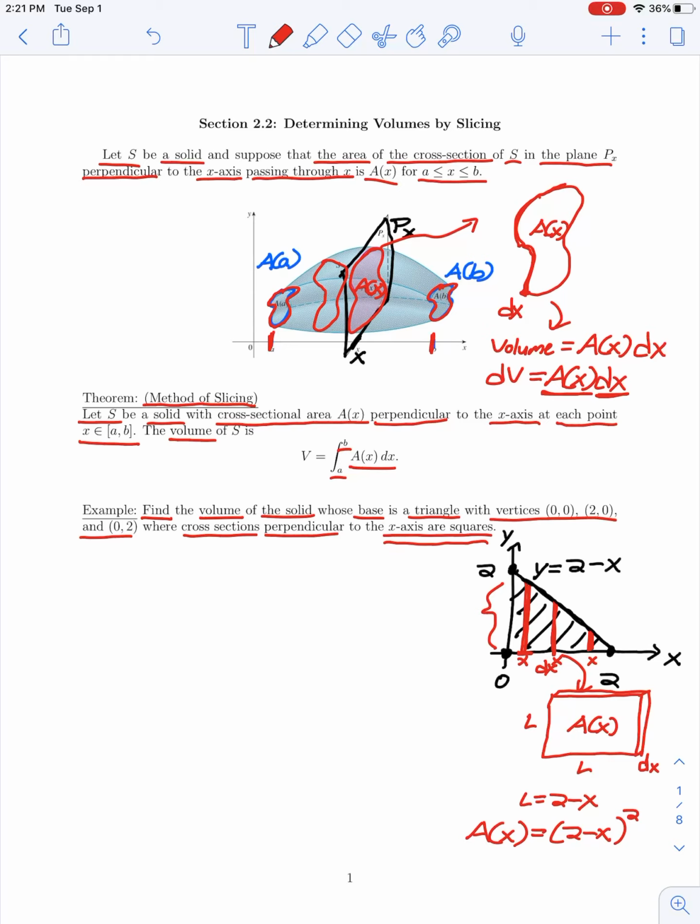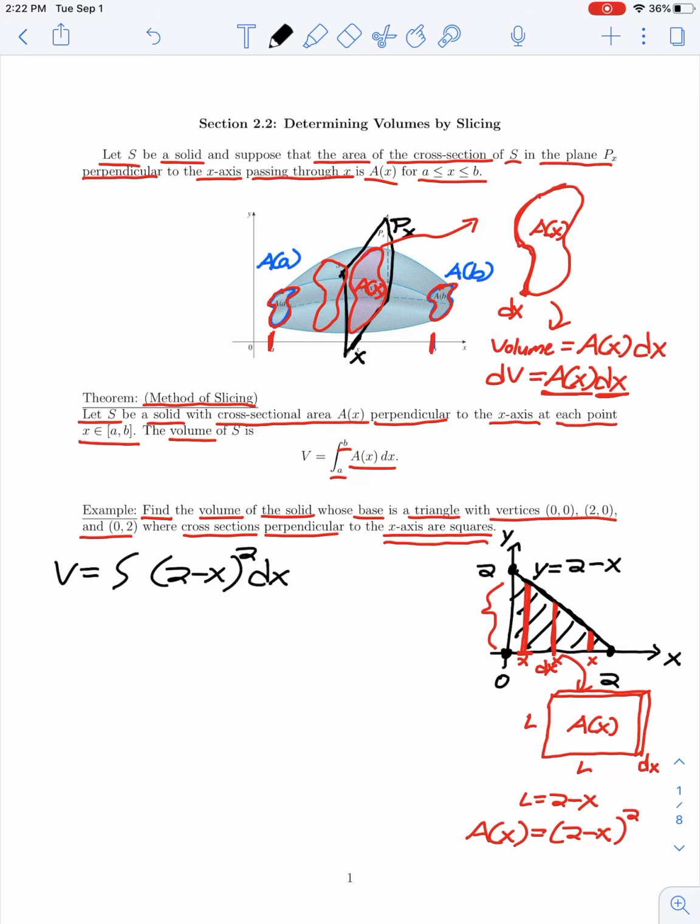So now that I have the area of a cross-section taken at a particular x value, I can use this method of slicing to find the volume of that solid. The volume is found by integrating my function for area, (2 minus x) squared, with respect to x over the x interval which specifies my solid.